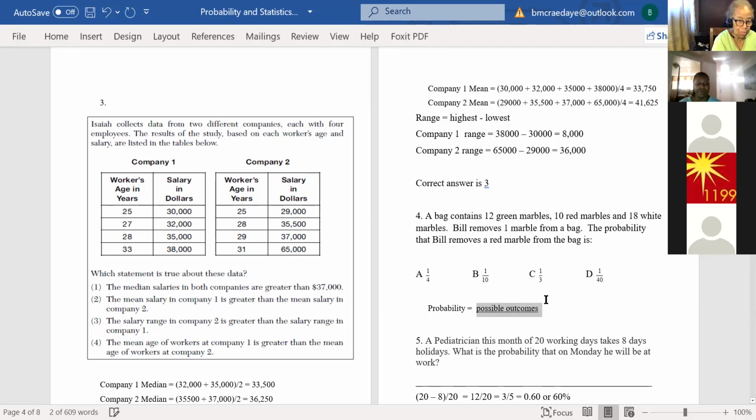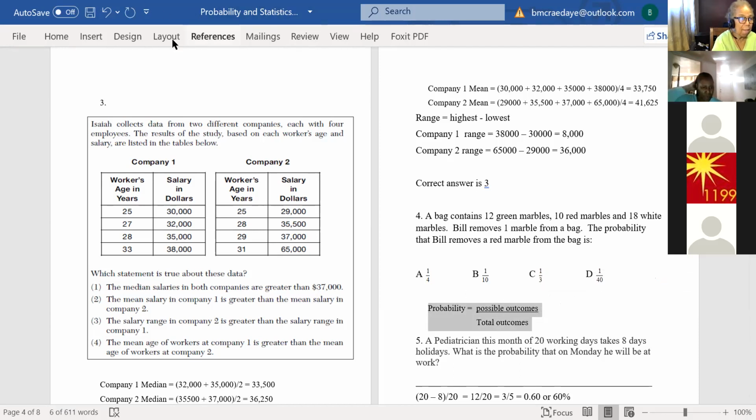Yes. So this is the way the formula will look. Okay, now, this will be total. Now, what's the total of all the marbles? Michelle, what's the total of all the marbles?